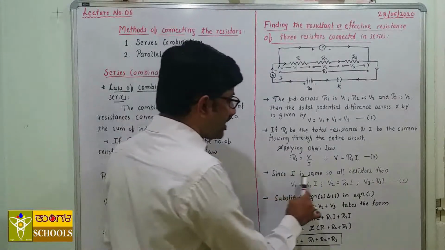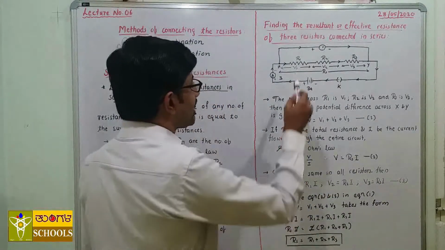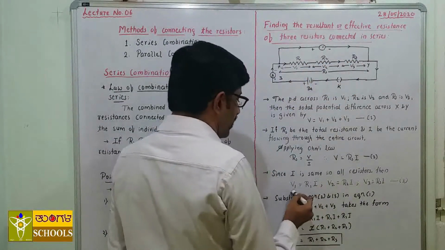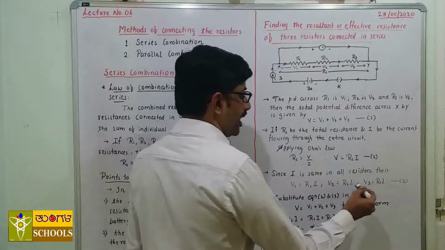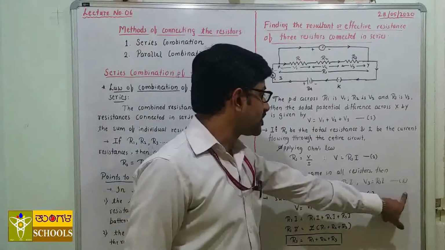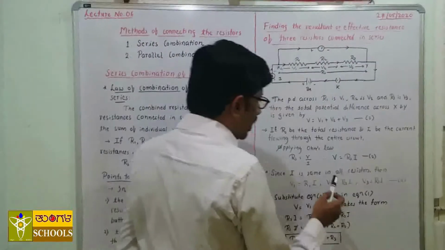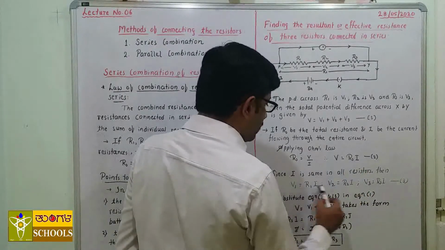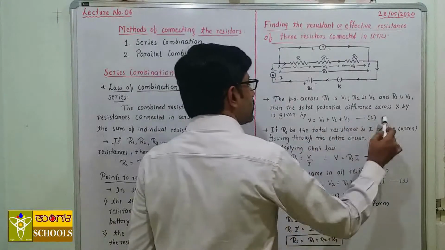Since I is the same in all resistors, the current across R1, R2, R3 is the same. Therefore V1 is equal to R1 into I, V2 is equal to R2 into I, and so on, as equation 3. So from equations 2 and 3, you have the V value and the V1, V2, V3 values here. Therefore it can be combined with equation number 1.